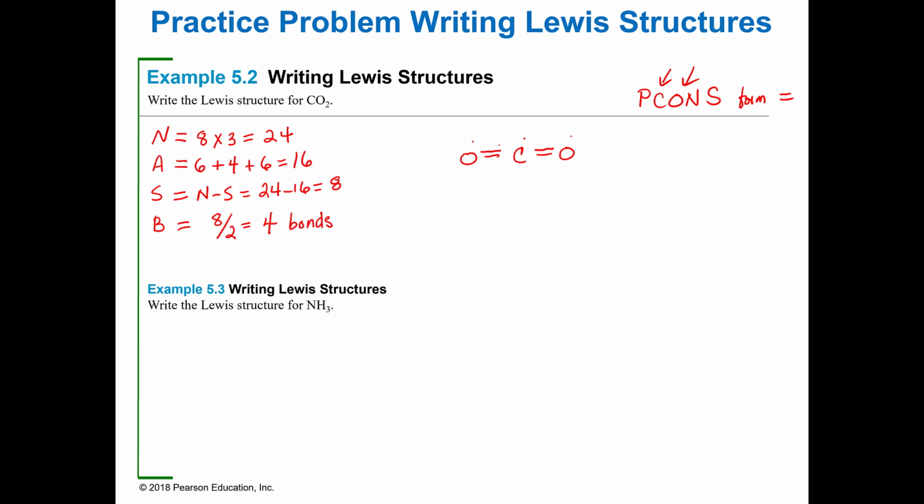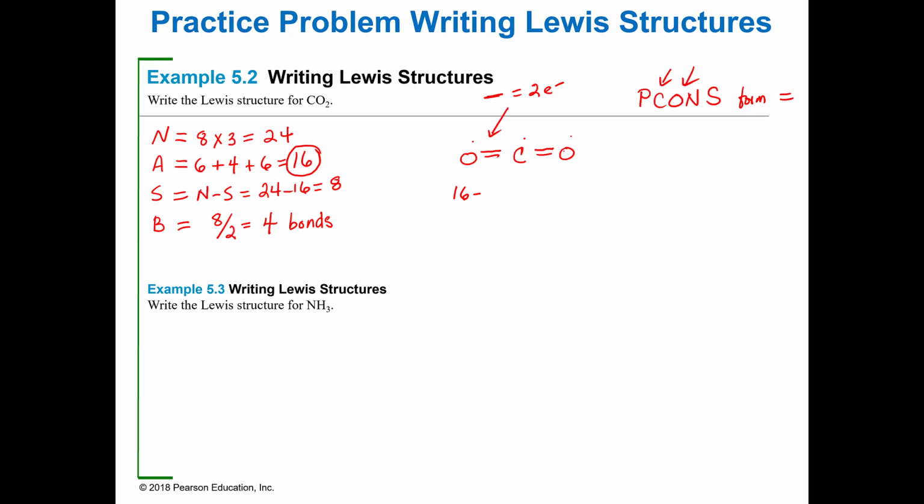Now, once I've done that, I'm going to put the electrons around the terminal ones. Now, this is a very important step here. We're going to go back to our available because these are all the electrons we have to work with. So I have 16 to begin with. Remember each one of those lines equals 2 electrons, because that stands for a bond.